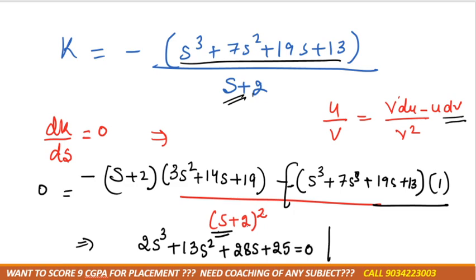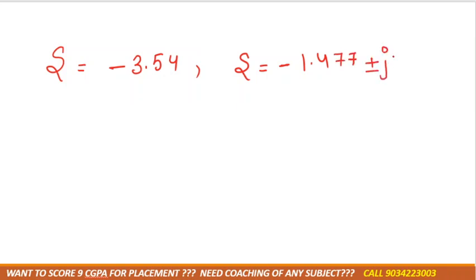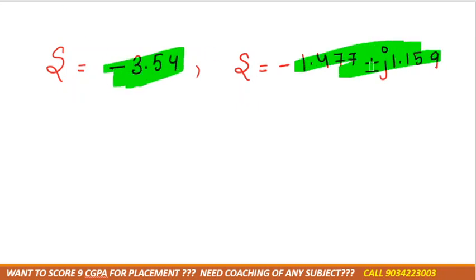Now if we solve it for the s value, you can do it in the calculator, that would be minus 3.54, and another value of s we'll get as minus 1.477 plus minus j1.159. So basically we'll get three values for s.